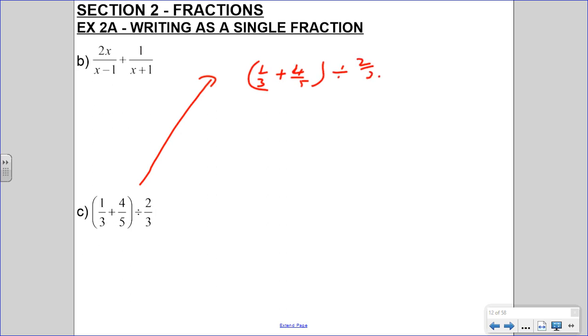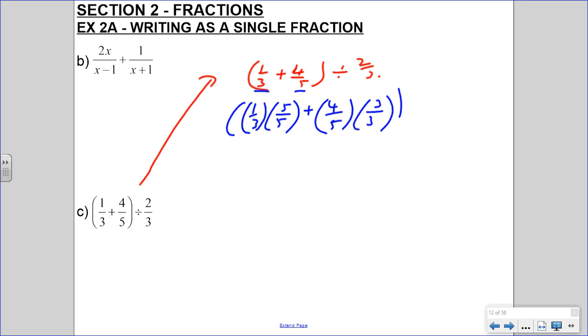So first things first, I can't make these two a single fraction because the denominators are different. So if I want this one to have a 5, like we said earlier, I put a 5 on the bottom, I have to put a 5 on the top as well. And if I want the other one to have a 3 on the bottom, then we need a 3 over 3 as well.